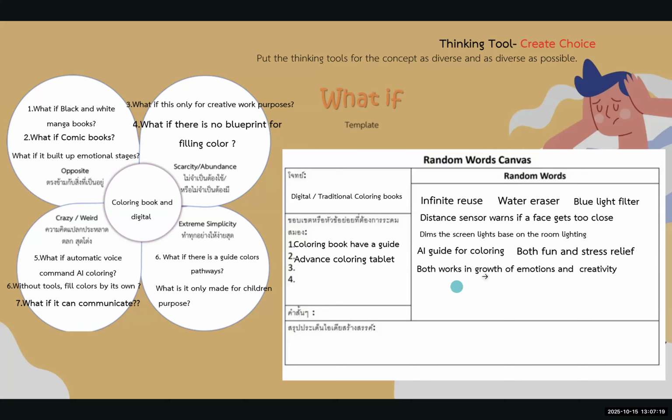Most likely, I focus on kids, and something like an AI guide for coloring, a very advanced AI coloring, so that if kids do homework and stuff like that, I think you don't need someone like a teacher guiding through the coloring. It's also fun. And for adults, it's really good for emotion and creativity.